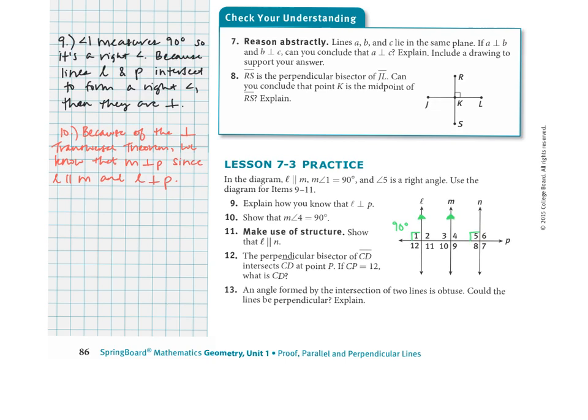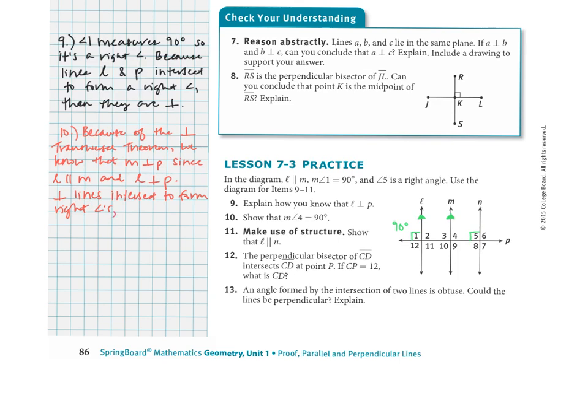Now, we want to think about how perpendicular lines intersect to form right angles. So let's write that down. So perpendicular lines intersect to form right angles. So that must mean angle 4 must be a right angle and must measure 90 degrees.